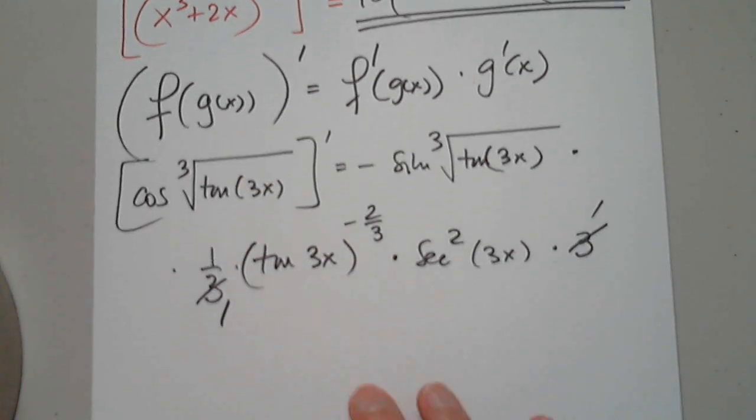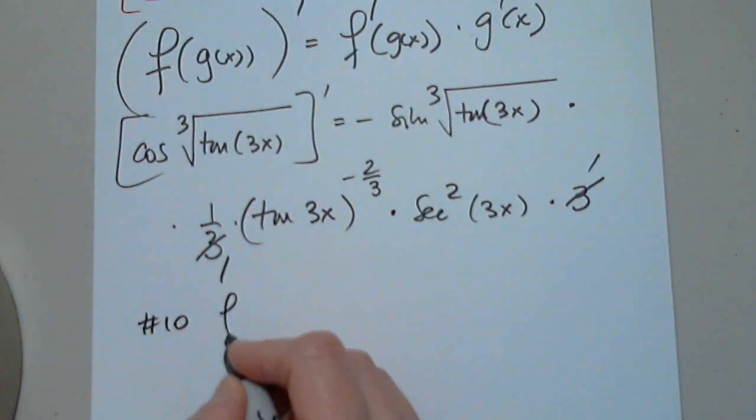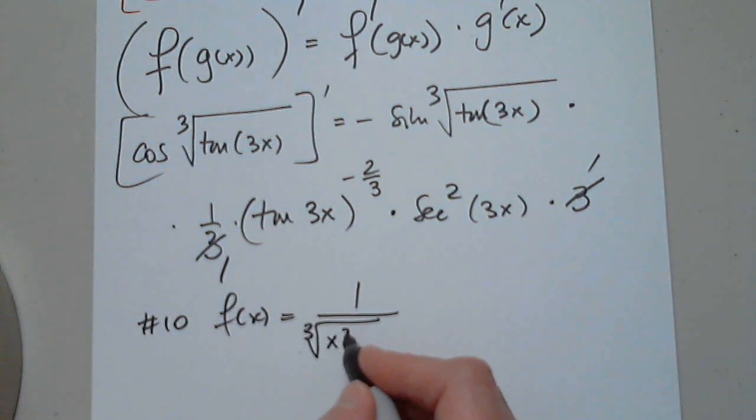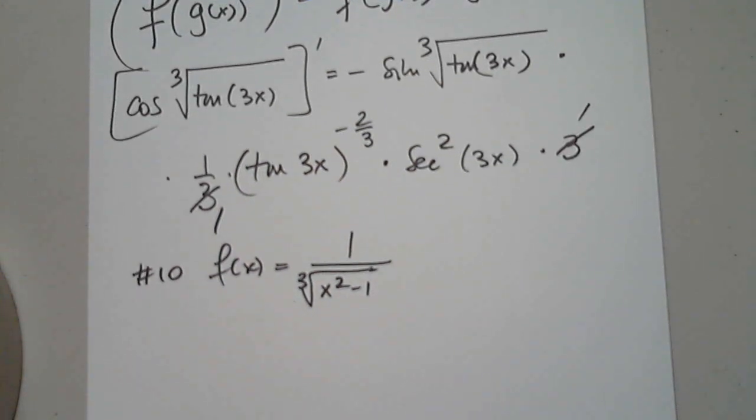Good pick. f of x equals 1 over the cube root of x squared minus 1. Excellent. So let's analyze. What do we conclude? What will you do first here?